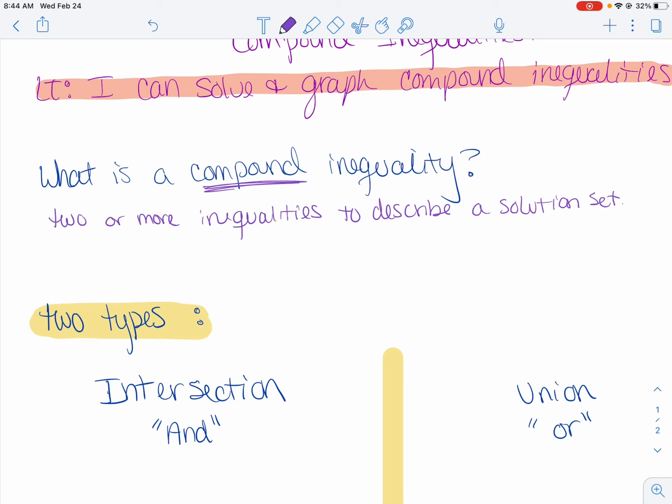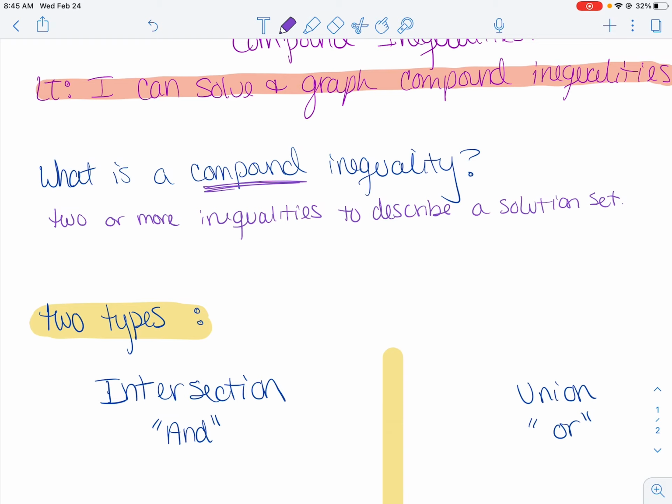So that means we're going to have two types of inequalities, and we are going to have numbers that fall within both of those restrictions, or sometimes we call them constraints. Sometimes we have solutions where they overlap, and sometimes we have solutions where they're separate.